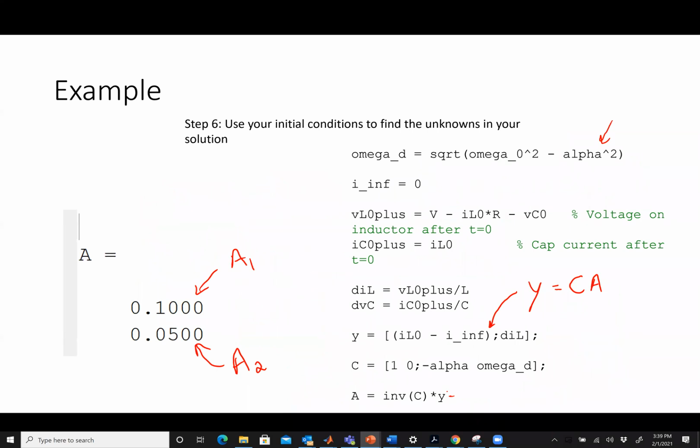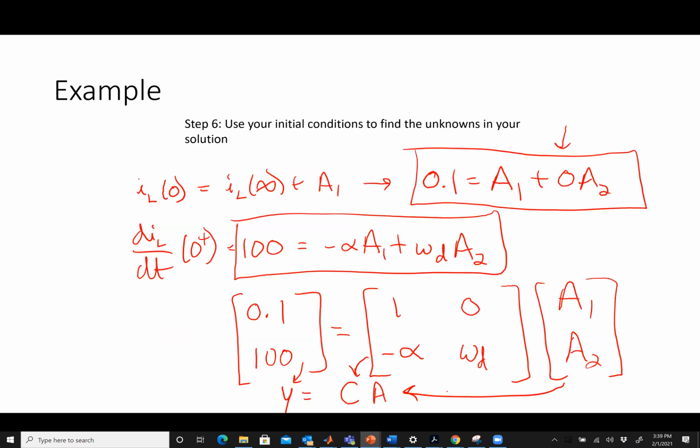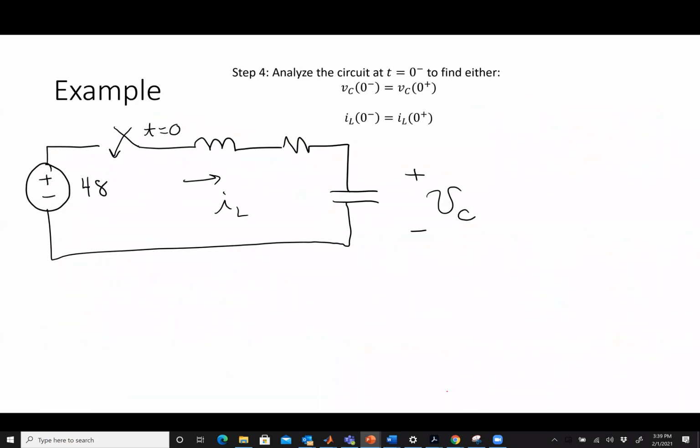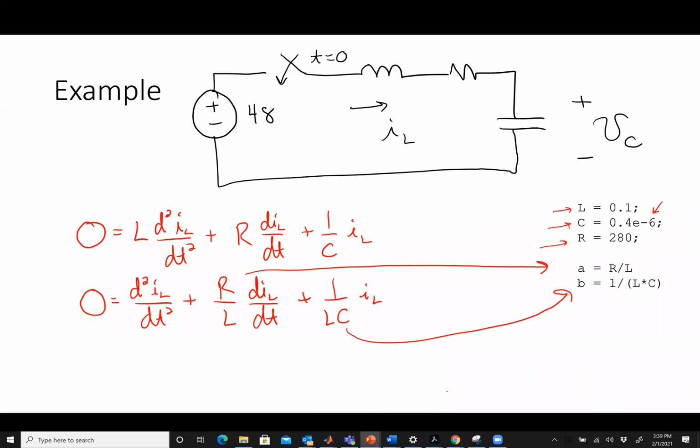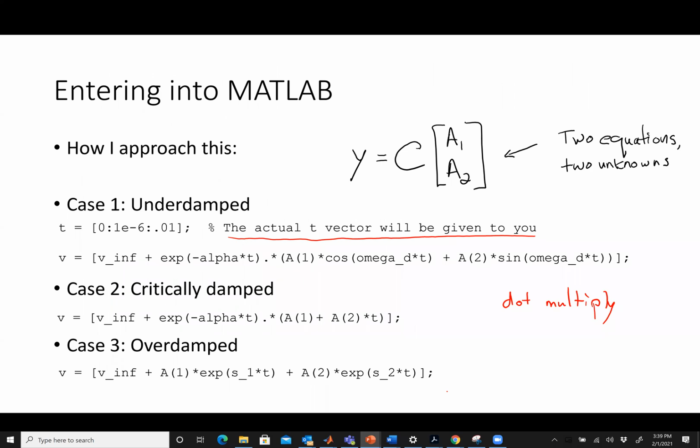Okay, all right. So what do I do then? I go back, and I will always give you the time vector. There's no reason why you would know the time vector. I will always give you that time vector. And I have a slide here where I basically say, here are the forms: underdamped, critically damped, overdamped.